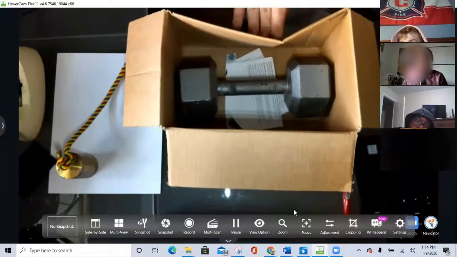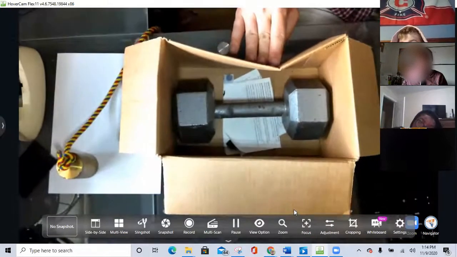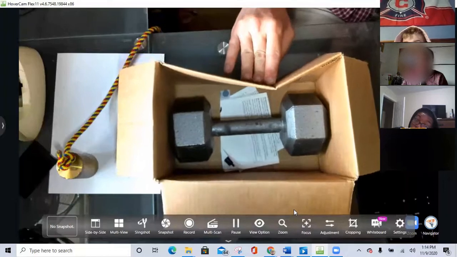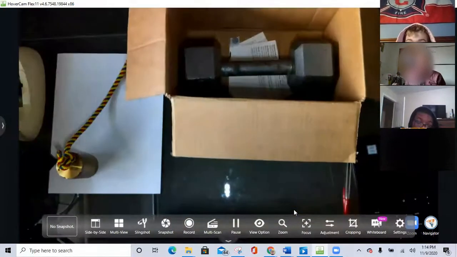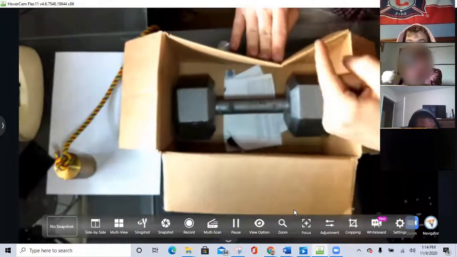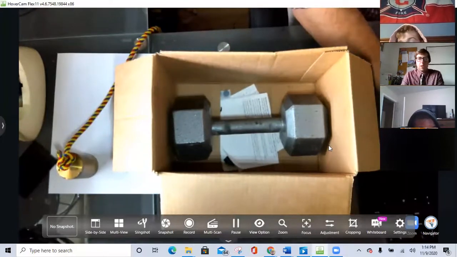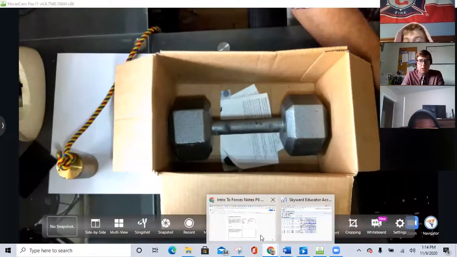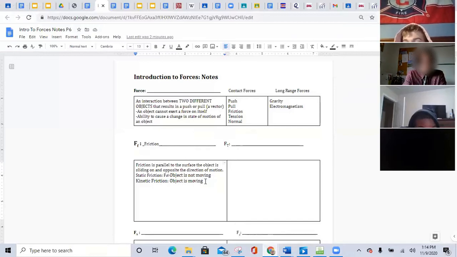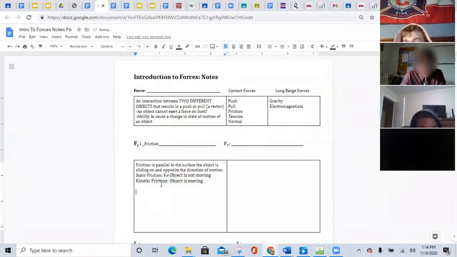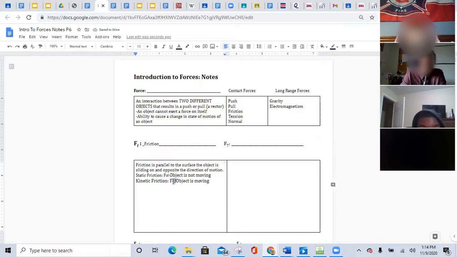So static friction is always going to be greater than kinetic friction, but there is kinetic friction. If you move a desk, if I move this, I still am being counteracted by a friction force this way. So there is kinetic friction. But I'm going to go back to the notes and add that. And this is abbreviated as F sub KF, or just FK sometimes.